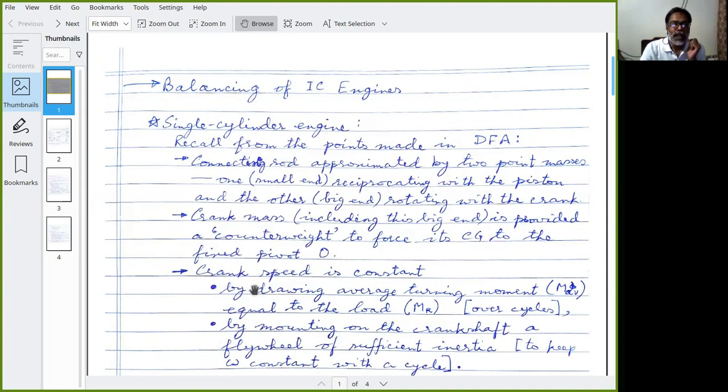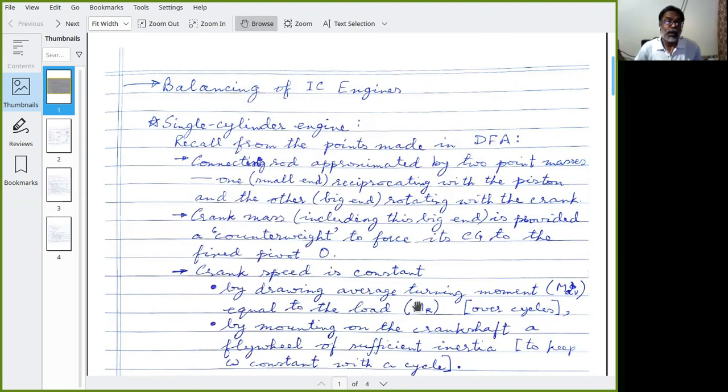Now, the third thing that we discussed there is that we were making most of the analysis for the crank speed to be constant, and practically that is to be ensured by drawing average turning moment from the engine equal to whatever is the load moment, over cycles, so that the speed does not go on increasing or decreasing.